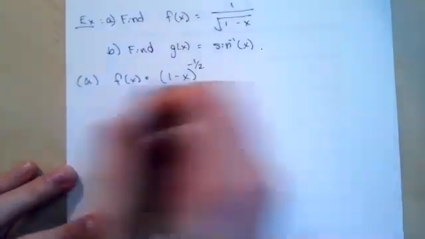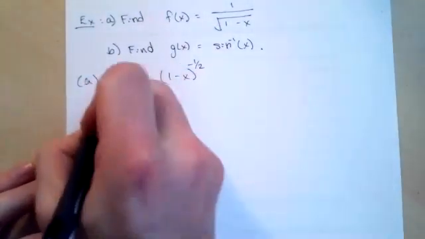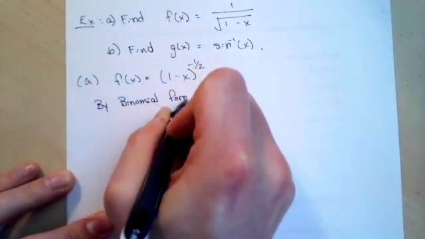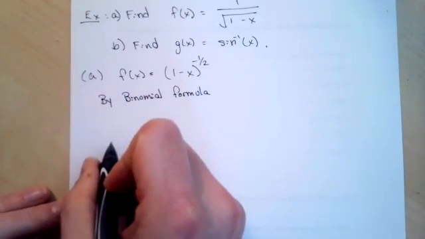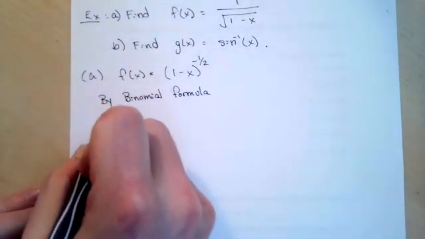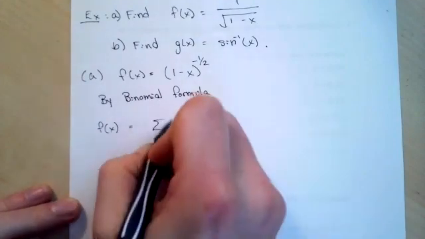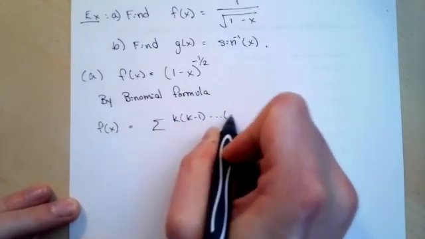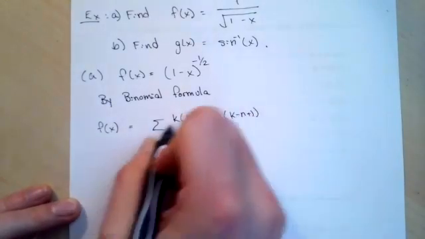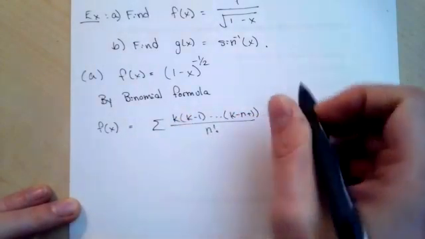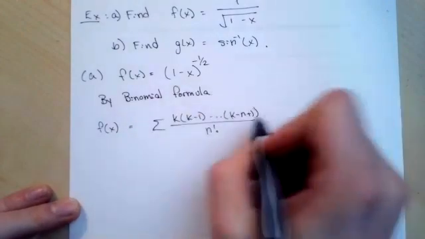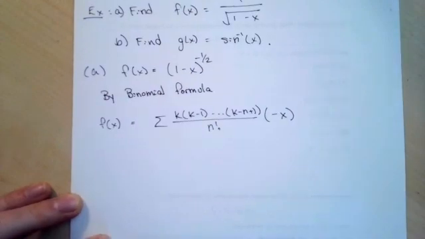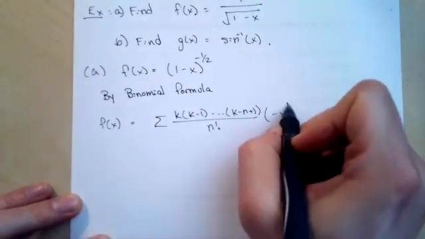And so by our formula, what are we going to have? We should have that f of x is equal to the sum of k times k minus 1, k minus n plus 1, all over n factorial. And then our x, we had a minus x raised to the n.